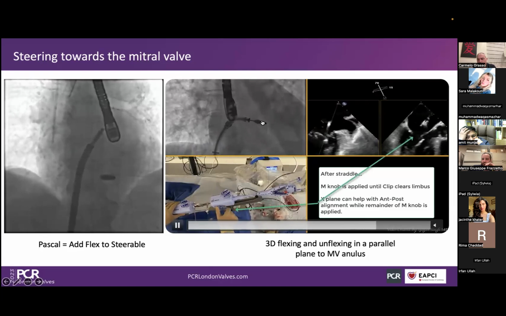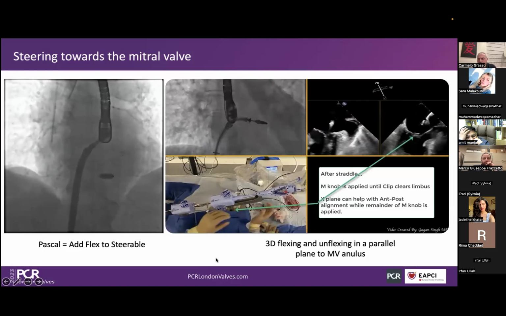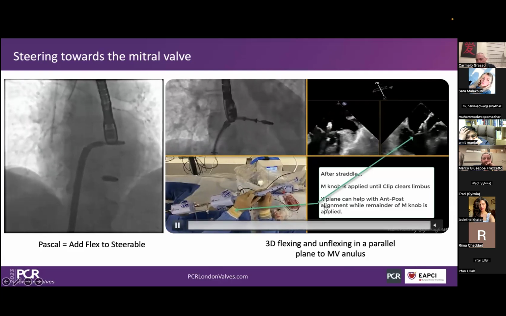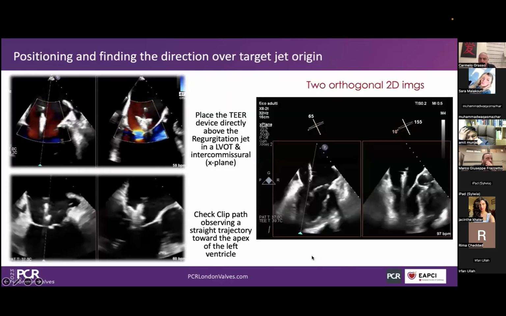And even here you can see we are pointing towards the apex of the ventricle. It is very important to follow this maneuver in the X-plane view, so you can see in the two-chamber and in the LVOT view where you are with your device.